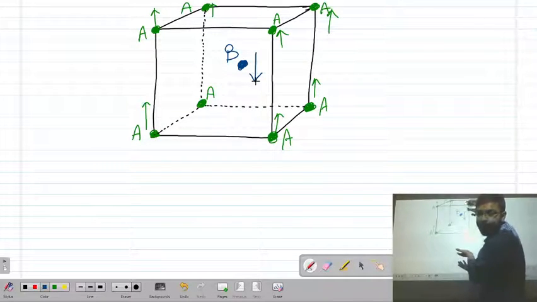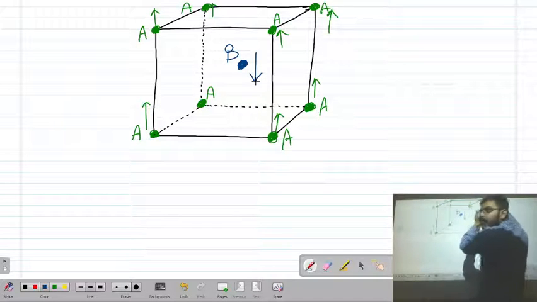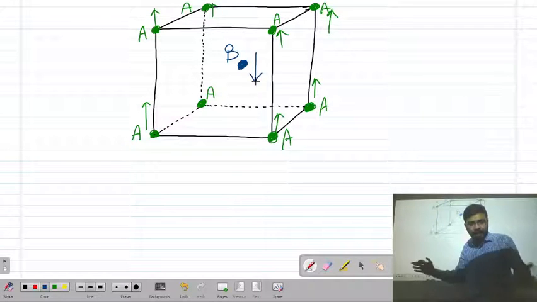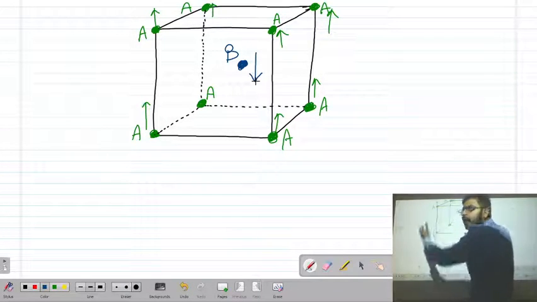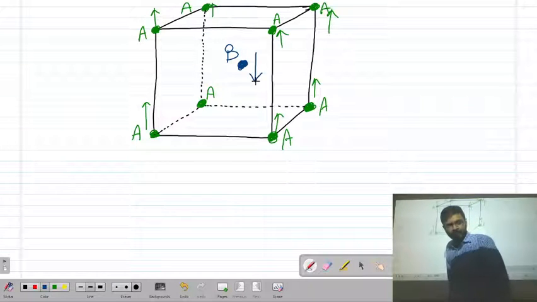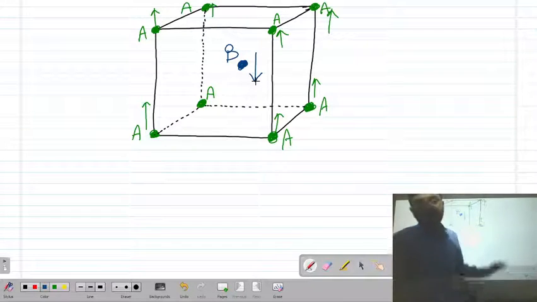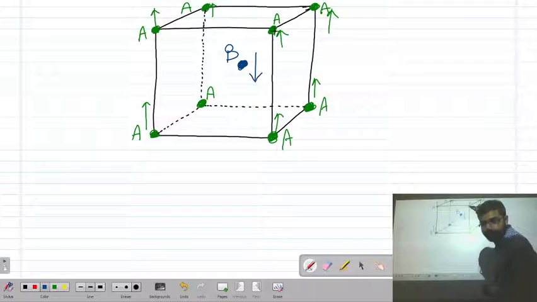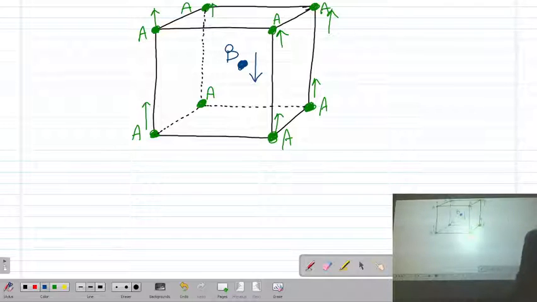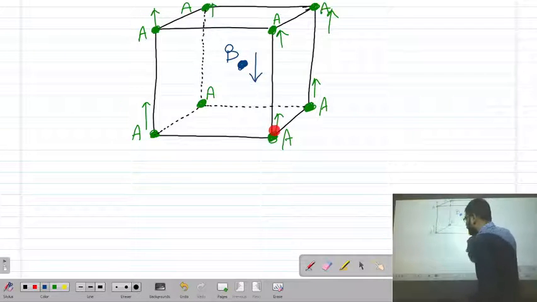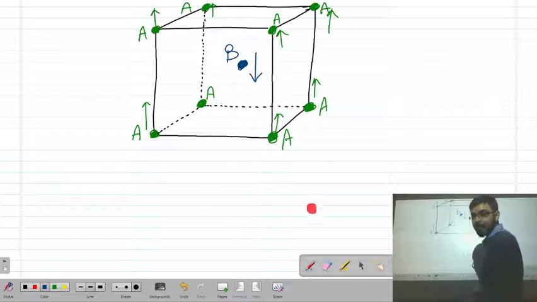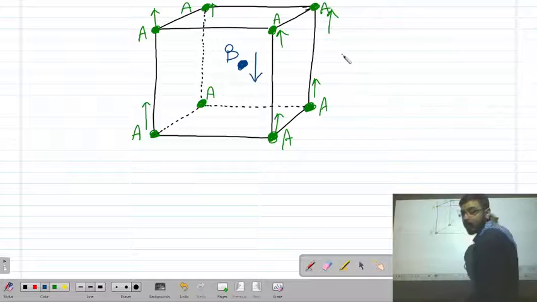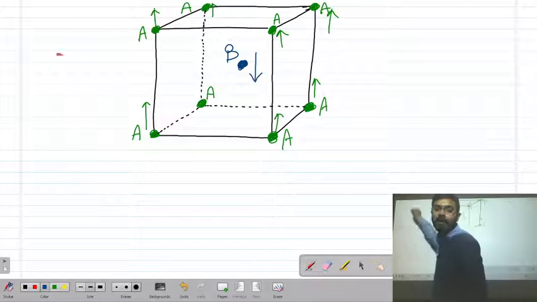You can assume a similar kind of square on the bottom, on the top, on the right, left, everywhere, because the material will be made up of a bulk material. If you see the bulk material, you will see a number of these cubes attached to each other, right? In that you can also visualize that this A atom is being surrounded by a number of B atoms, if you assume more cubes over here, over here, over here and over here.